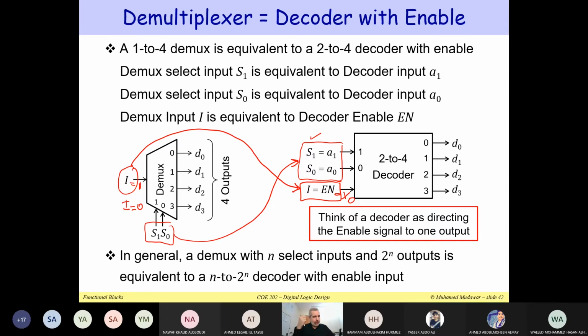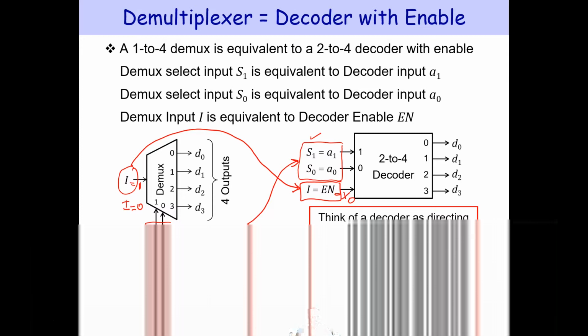So we can think of a decoder as directing the enable signal to one of the outputs. Therefore, in general, you can take any demultiplexer with n select inputs, which has 2 to the power n outputs, and you can implement it using an n to 2 to the power n decoder with enable input.